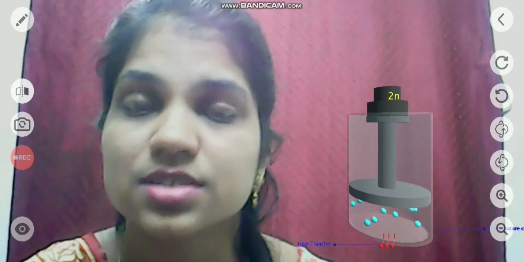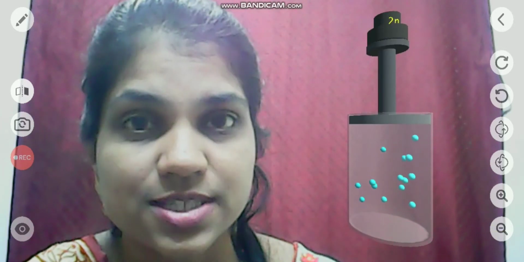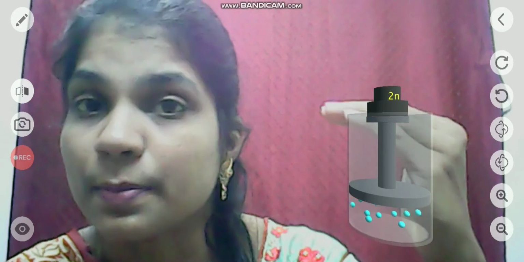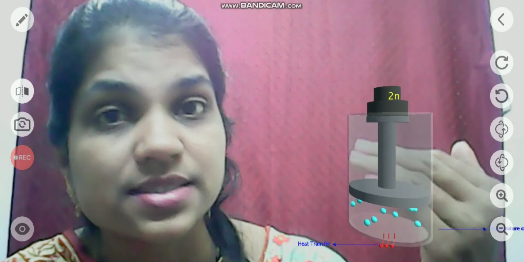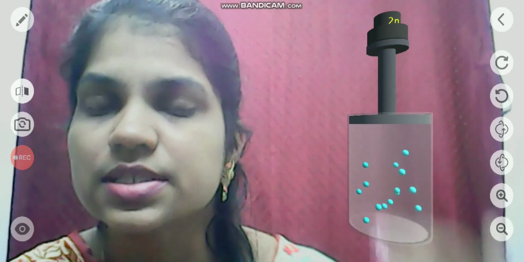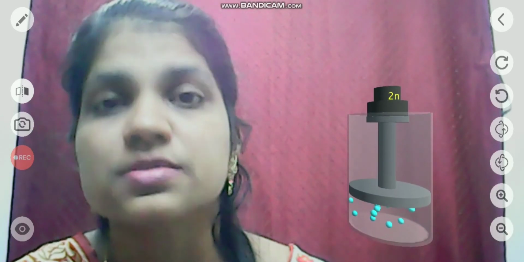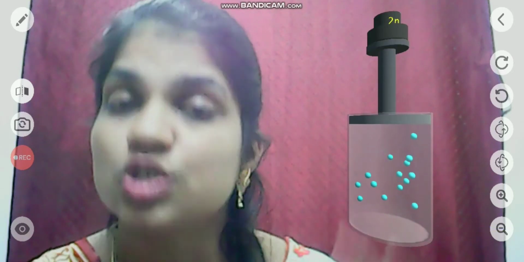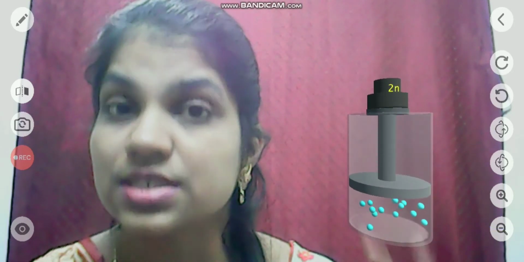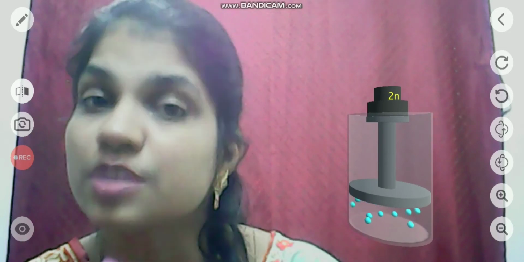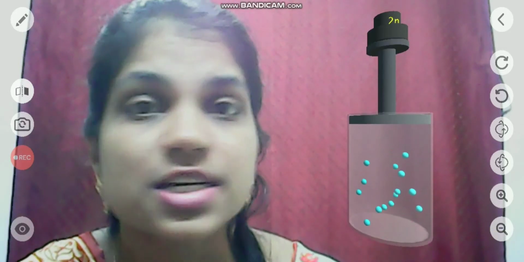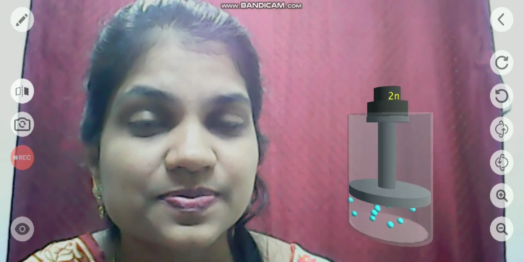When I push this piston up, the gas expands, the volume increases, and the temperature becomes less. Here again, to keep the temperature constant, heat is gained from the surrounding to the system. Hence, temperature is kept constant.